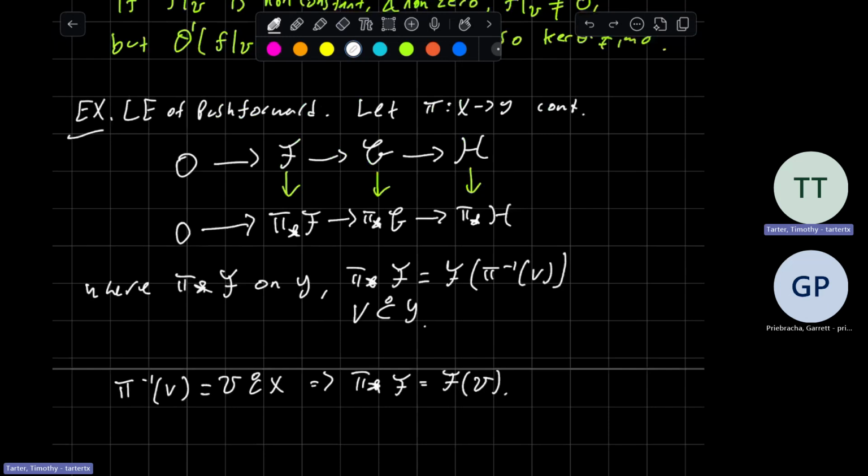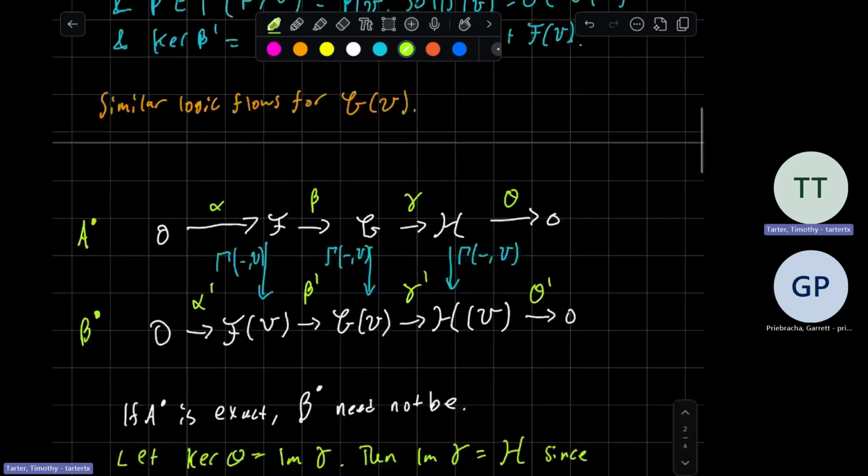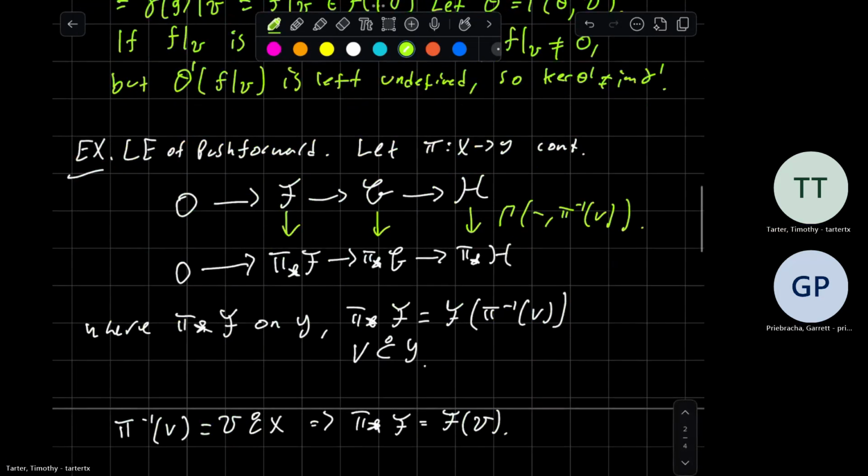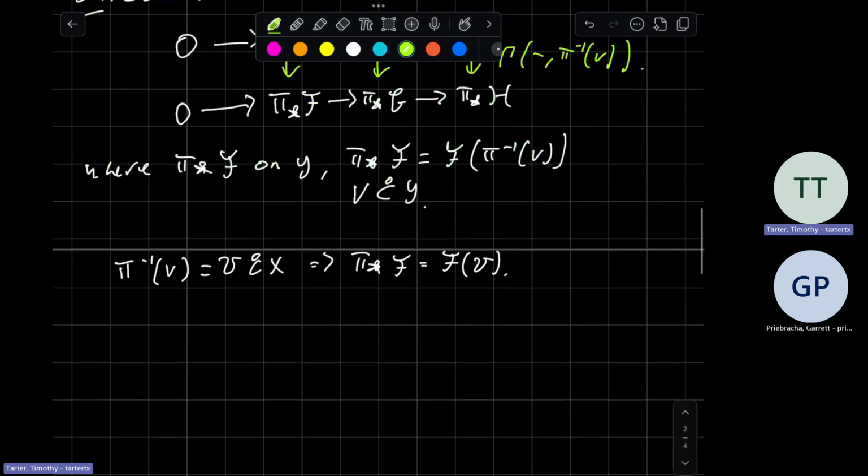And so what this really looks like is all of the Gamma of pi inverse of V, right? And so that kind of completes it, since we're not demanding right exactness.